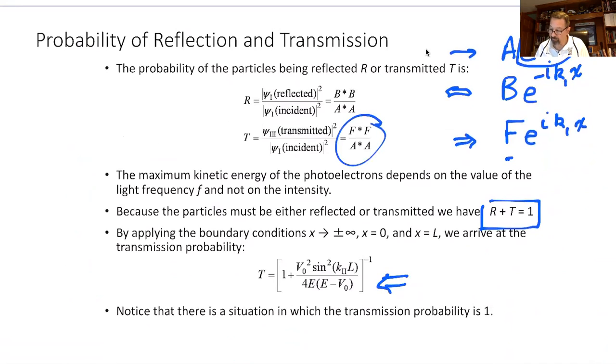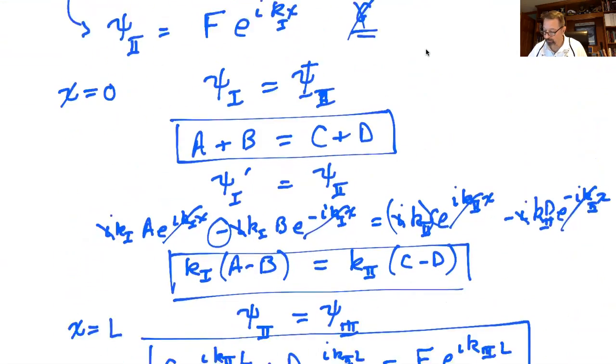If we knew F in terms of A, well, then we could get a transmission coefficient. So it's not necessary to get all the coefficients. C and D are kind of irrelevant for transmission or reflection coefficients. But if I could get F in terms of A, then I can solve for the transmission coefficient, the probability of transmitting through this barrier.